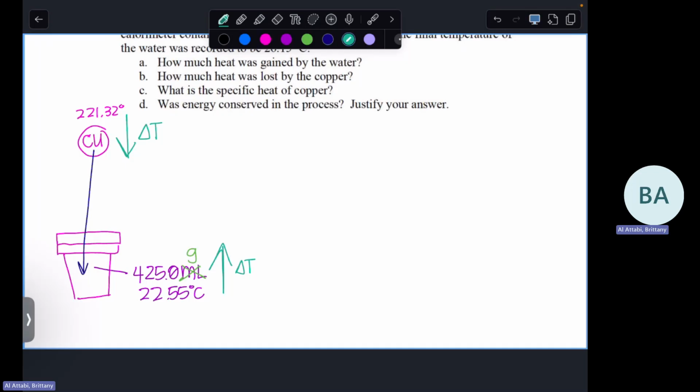When they are equal in temperature. So this is going to cool down, and this is going to heat up until we reach what we call thermal equilibrium, where both things are the same temperature. For lab purposes, you're going to be measuring the temperature every 15 seconds. When the temperature stops changing, that's when you know you've reached thermal equilibrium.